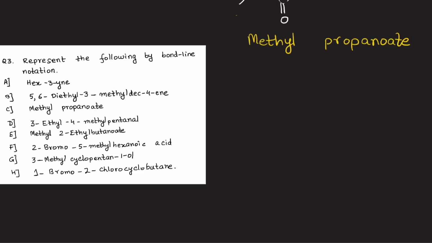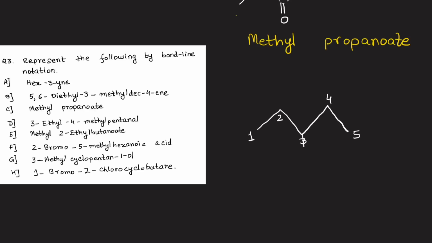So in this structure, how many carbon atoms are there? Look at the word root. Go ahead. It's a pentanal. So we have over here 2, 3, 4 and 5. Now for the sake of clarity, I will have 1, 2, 3, 4 and 5.